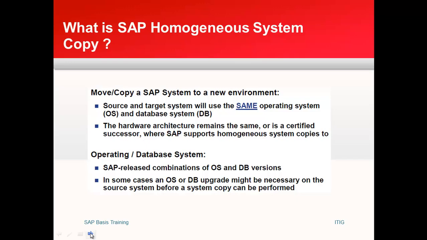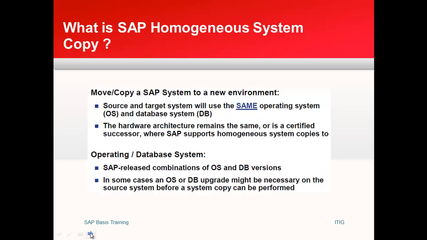When we are upgrading an SAP system to a newer version, we need to check whether this newer system can be installed: what the minimum OS requirement is, what the minimum database requirement is, and what the minimum hardware requirement is. That is basically the prerequisite for performing any system copy.